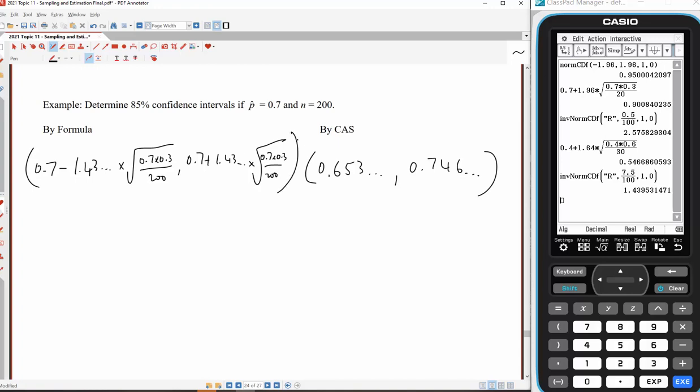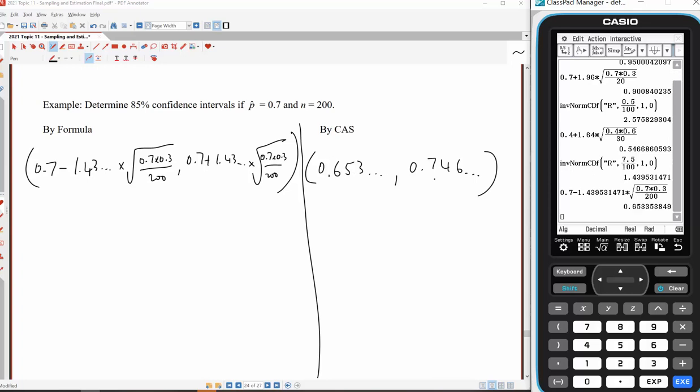And just for effect I'm going to do this, but I know it's going to work out in terms of what's on the right there. So 0.7 take away this value times, shift divide, shift root, then shift divide, 0.7, 0.3, 200.